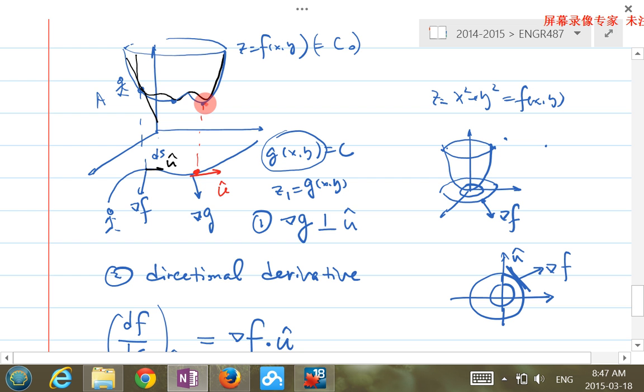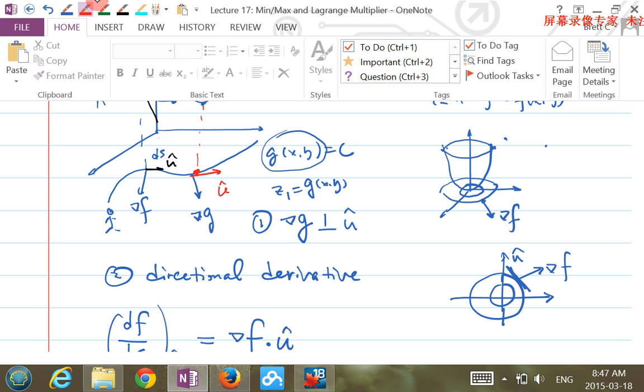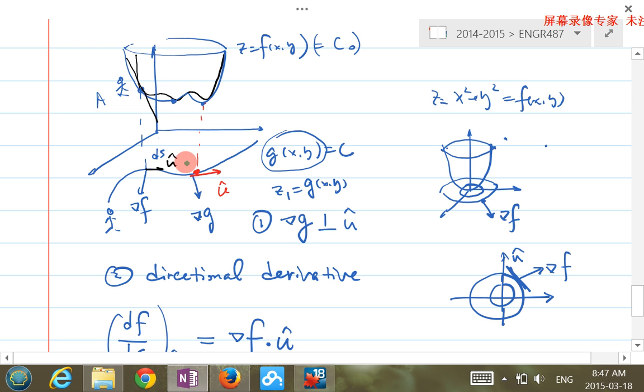At this location, I can also draw a contour for the function z equal to f of x, y. I'm not sure what the contour looks like. Maybe it's some kind of circle or curve, right?